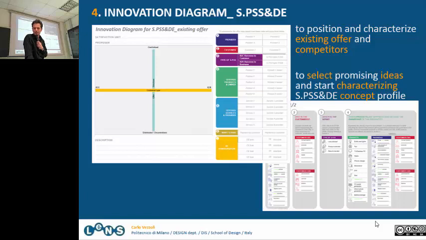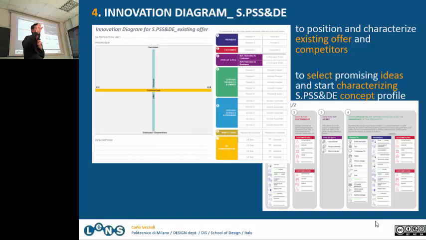Then we have the innovation diagram. This is a tool with the same scheme as the polarity diagram that we use for the scenario, and we can basically do 3 things.